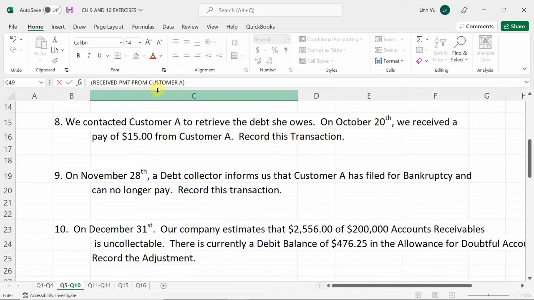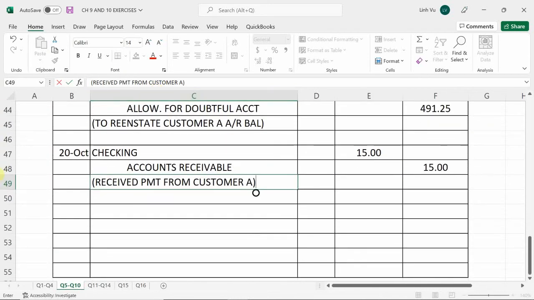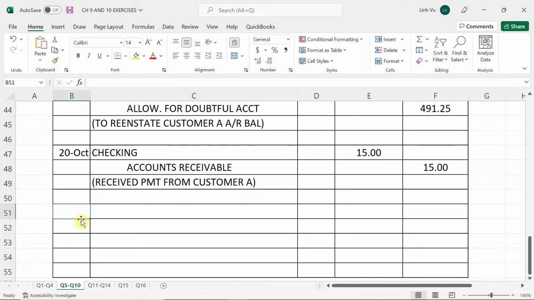So we're gonna transfer again from accounts receivable to allowance for doubtful accounts. Good. Excuse me. On November 28th.